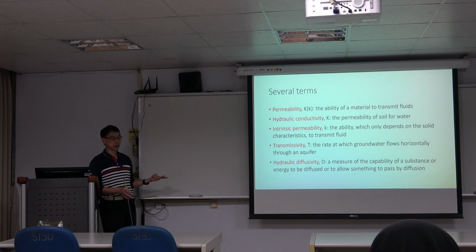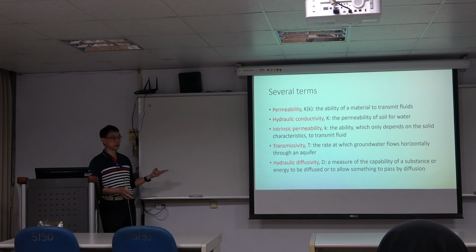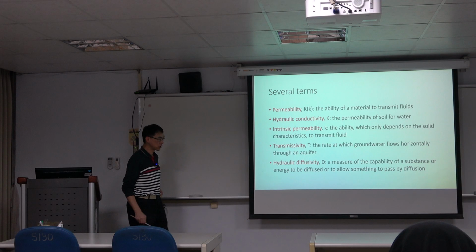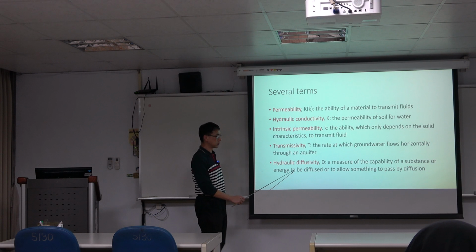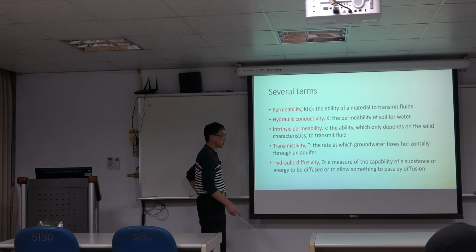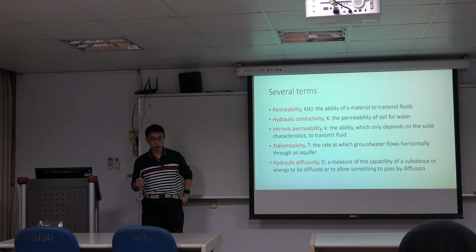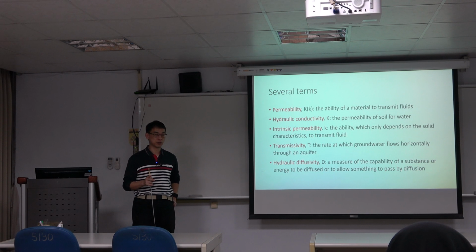We combine them together, the hydraulic conductivity and specific storage together, or the transmissivity and storativity together, to form this hydraulic diffusivity. And for groundwater hydrology, commonly we do not use this terminology or this symbol because it combines two different kinds of property together.